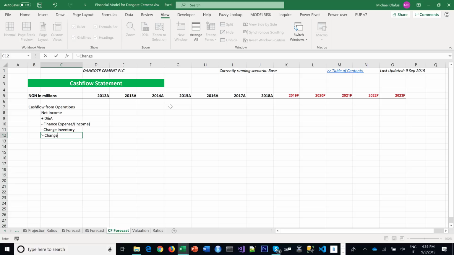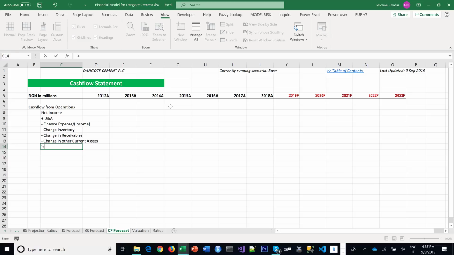Change in receivables. Maybe before I go to that, even change in other current assets.